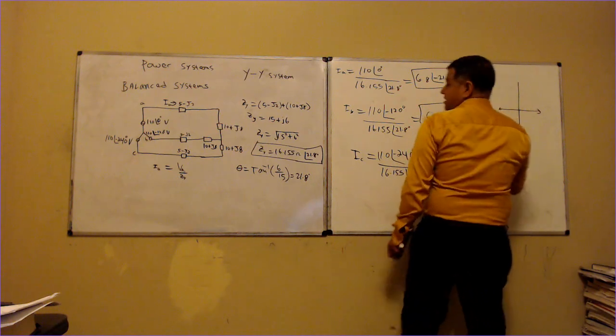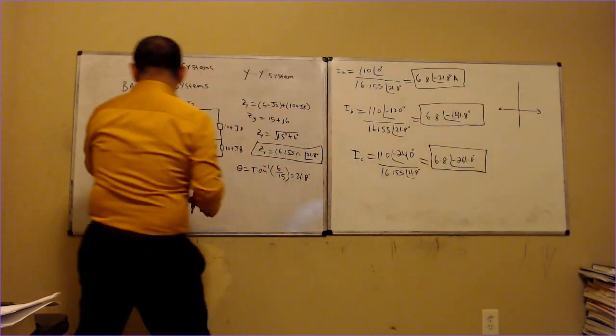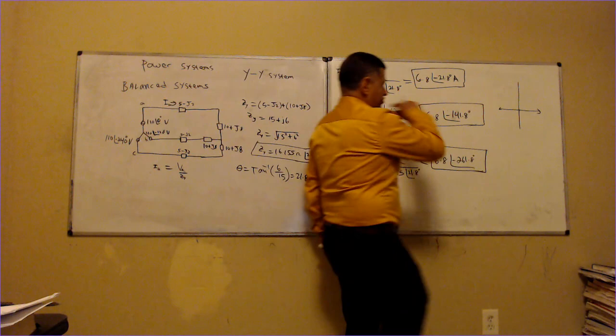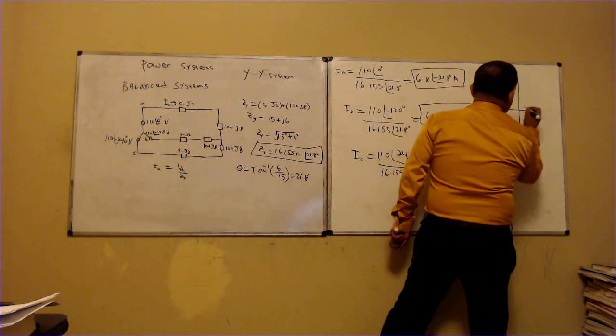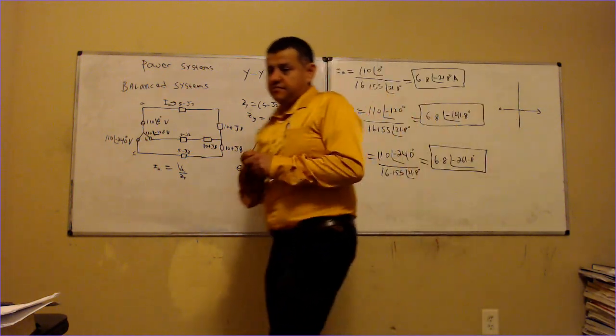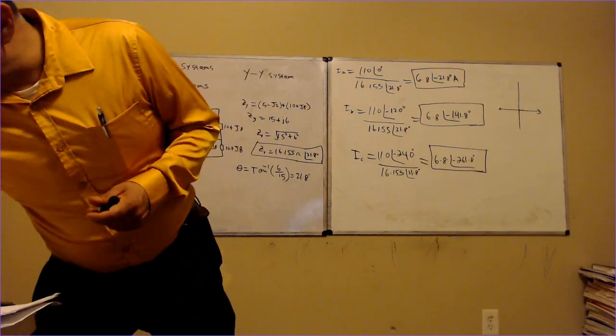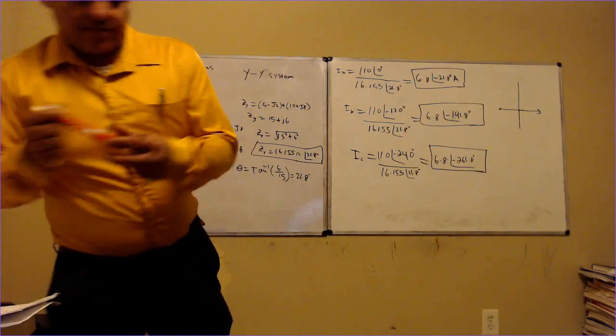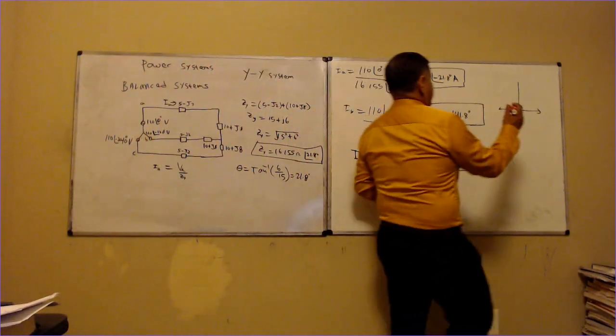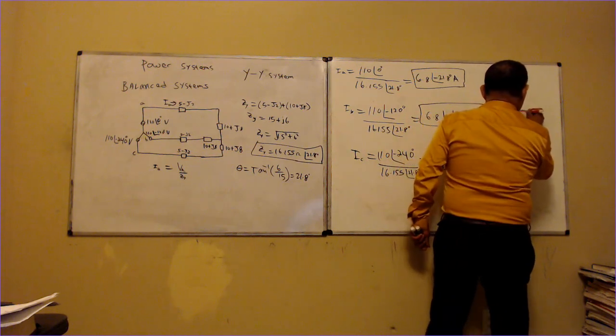And then this will also make sense because of 120, negative 120, which this vector is laying right here, right?